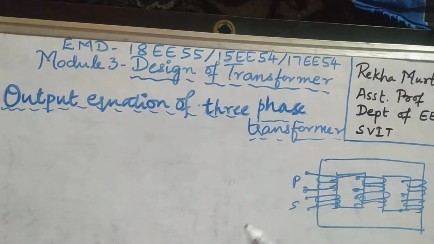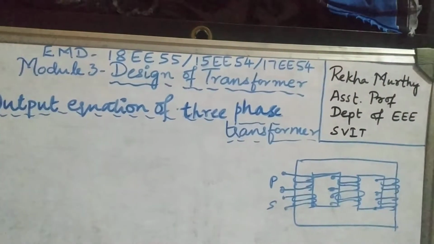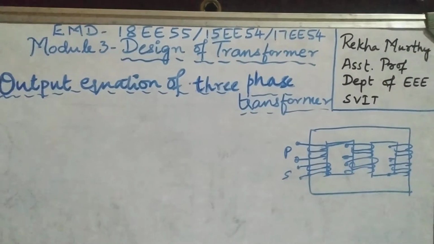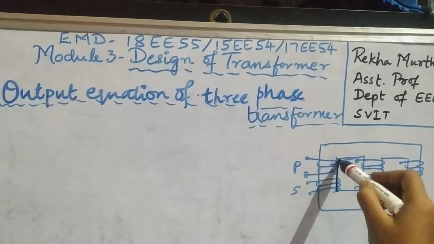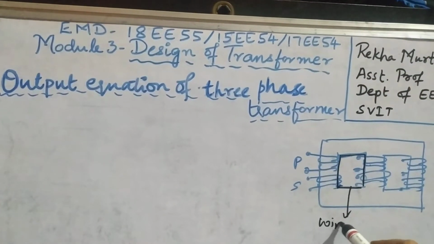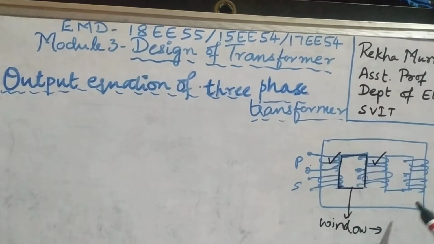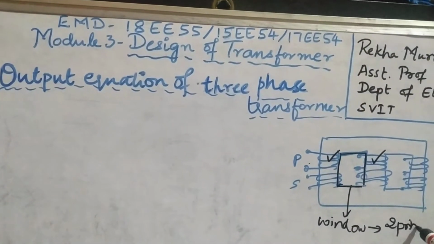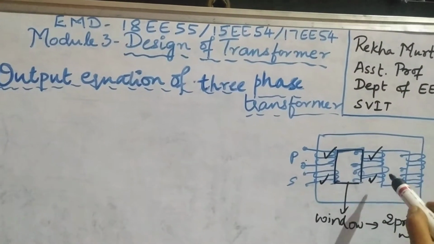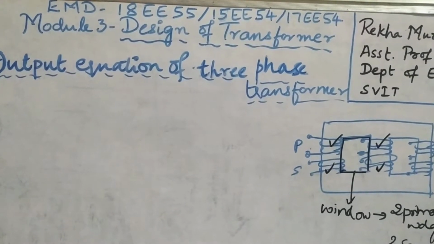So what we observe is that in each window we will find two primary windings and two secondary windings.